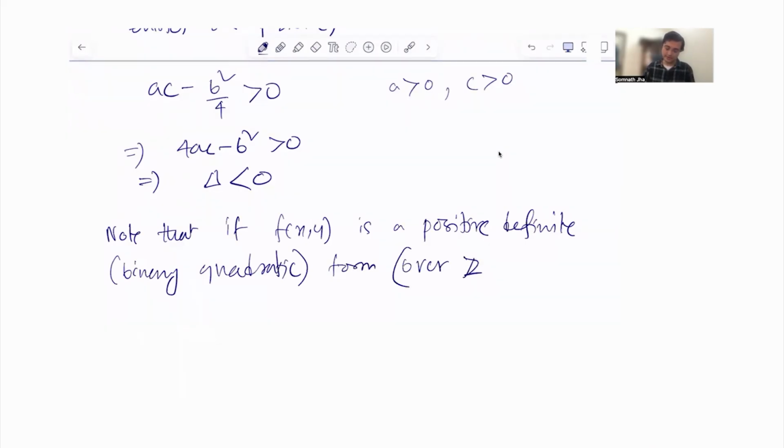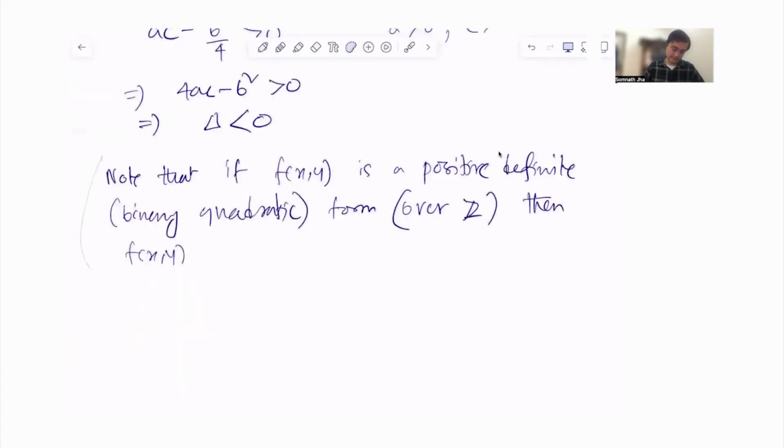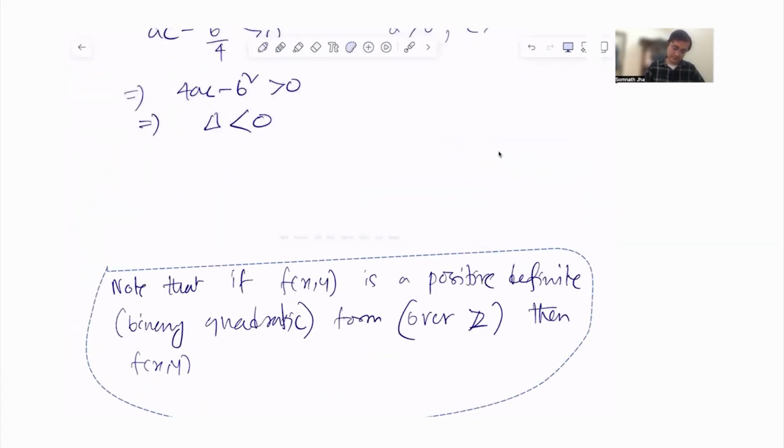It will always mean in this course a binary quadratic form over Z, where the coefficients are over Z.